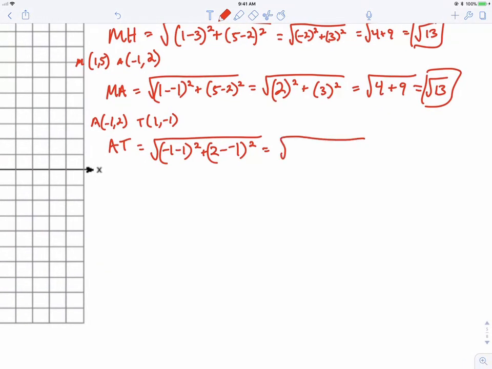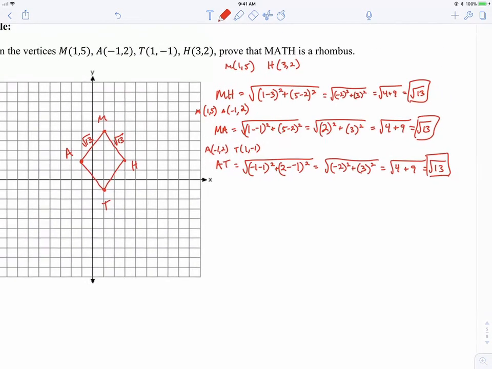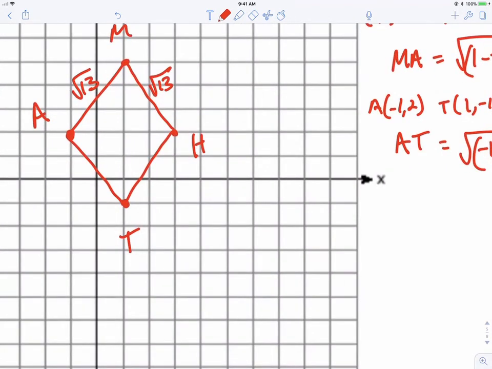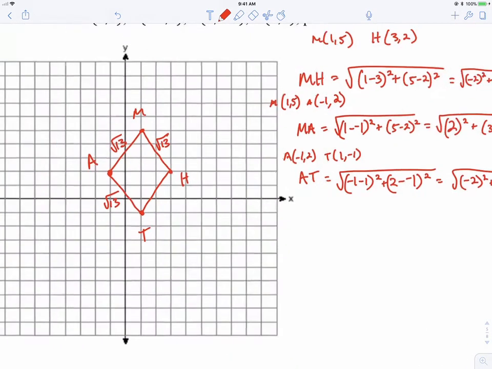That's going to be the square root of negative 2 squared plus 2 plus 1, because the minus and negative is a plus, 3 squared. So that's going to be the square root of 4 plus 9, which is equal to the square root of 13. So that distance from A to T is the square root of 13.